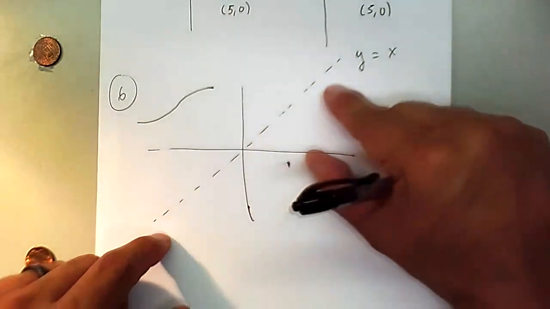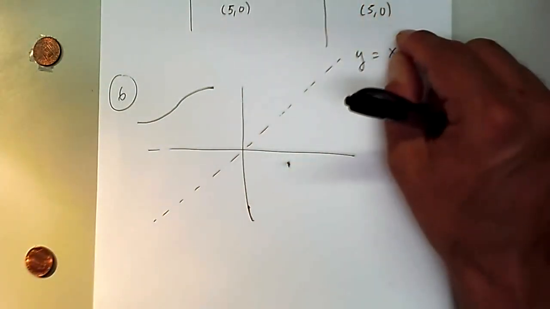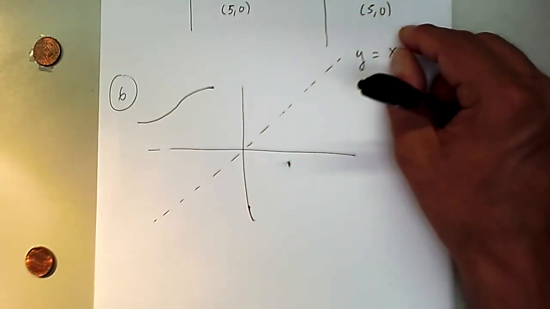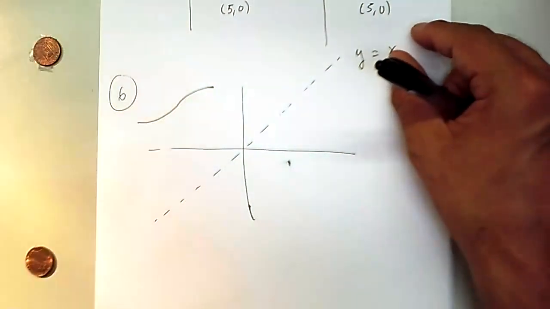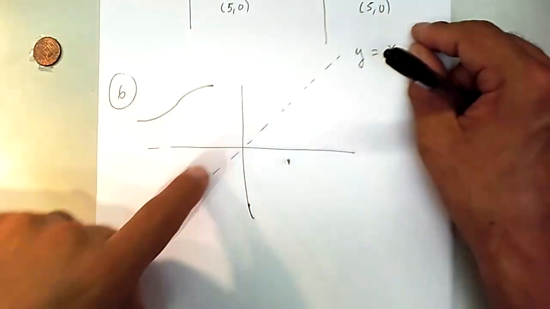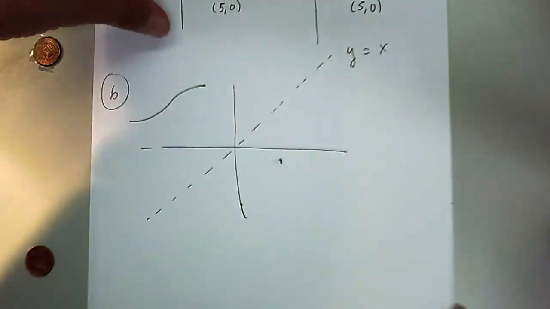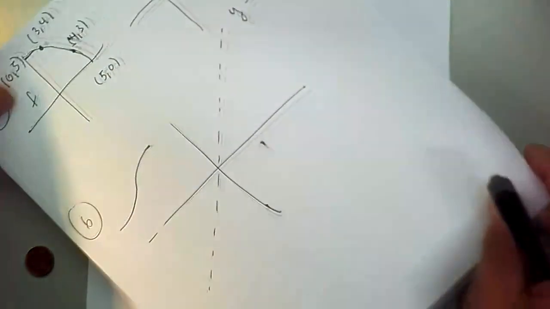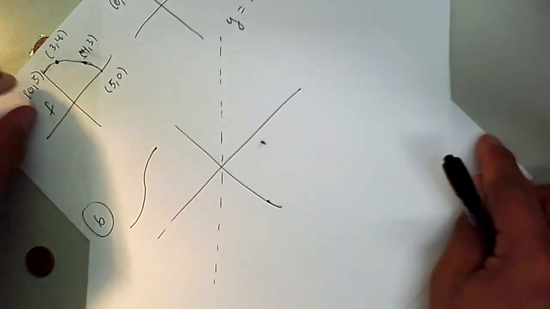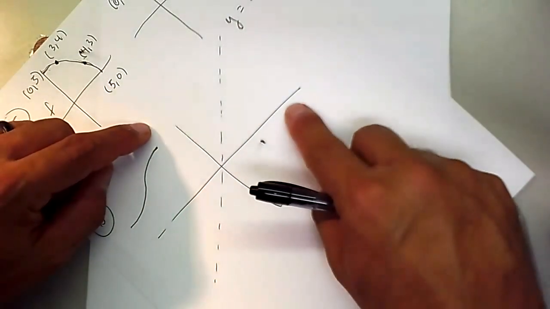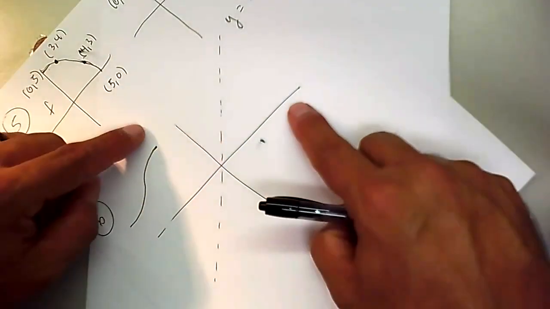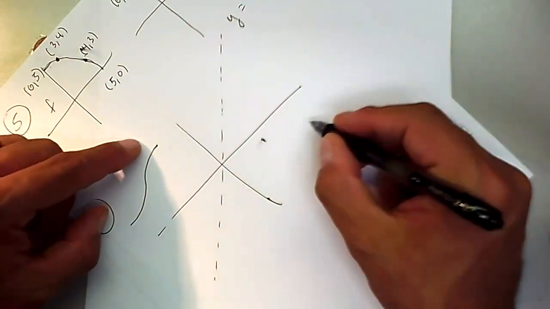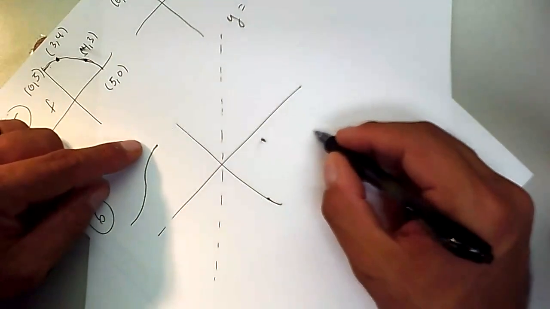That's why I dotted it. It's an auxiliary line, and it's going to show us what's going on. We have to draw a picture that is symmetric along this line. So if you turn the page this way, then whatever I draw has to be symmetric across this line. I'm going to attempt to do this.